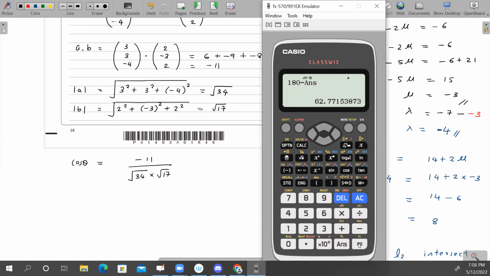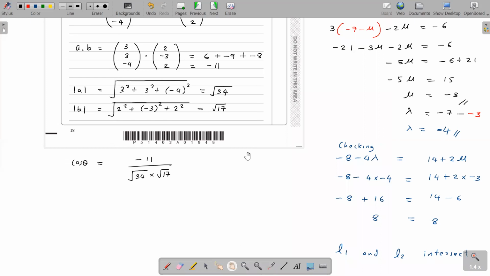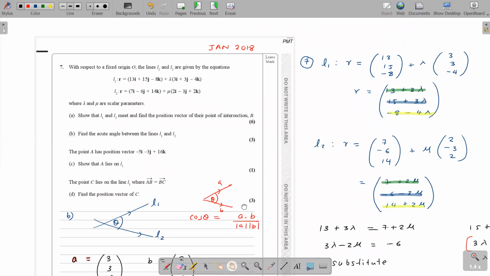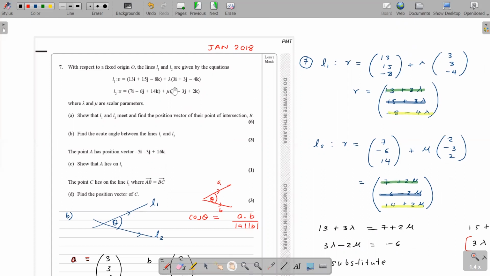They want the answer to 1 dp. Do they say whether it's in degrees or radians? In the question, they do not tell you whether they want radians or degrees, so you could keep either. Because they have not mentioned it anywhere specifically, I'll go with degrees.